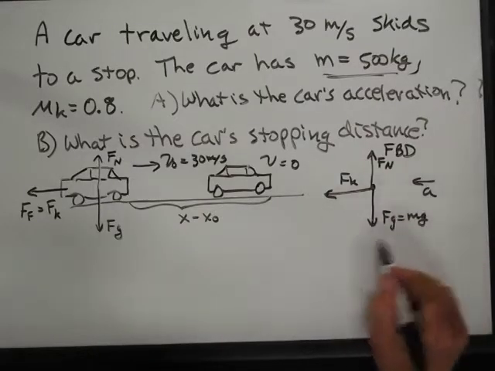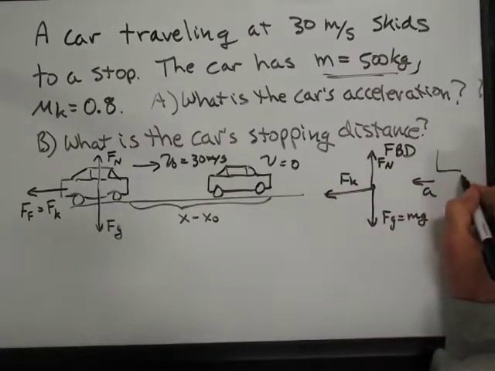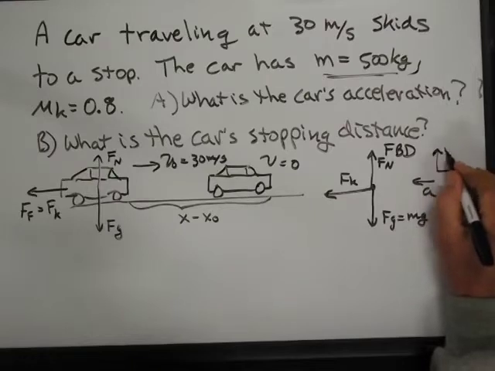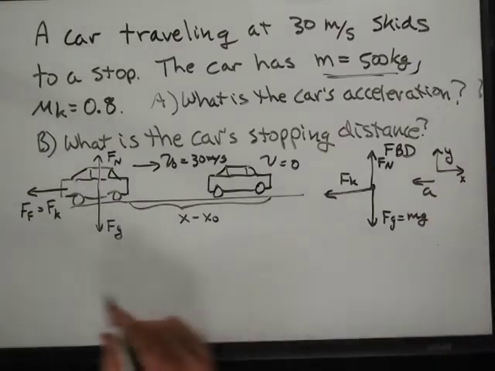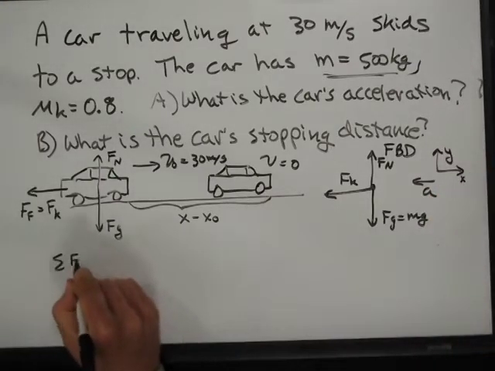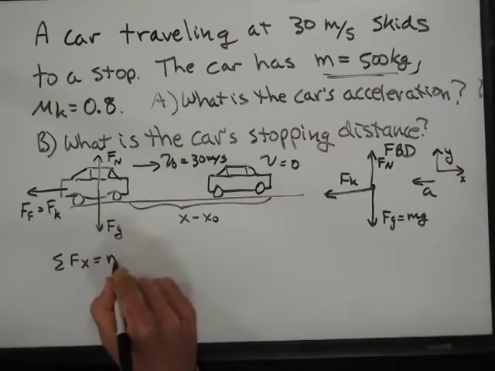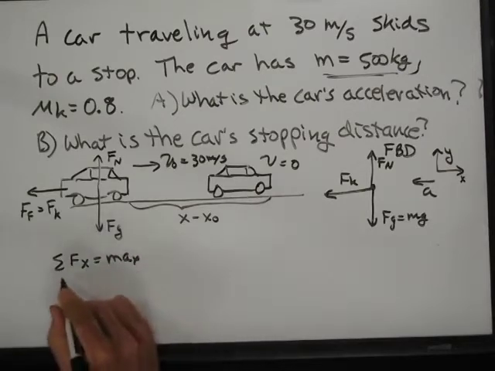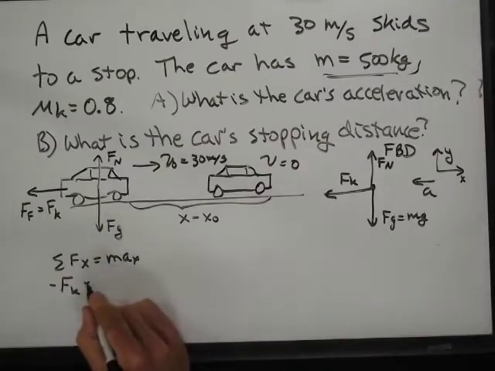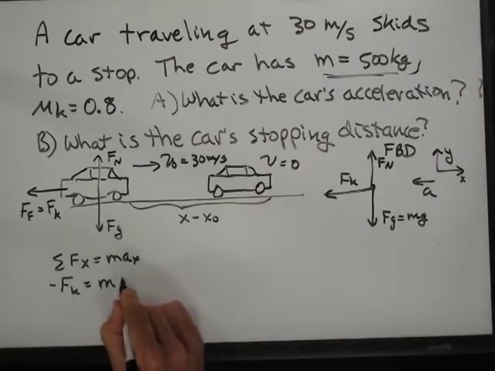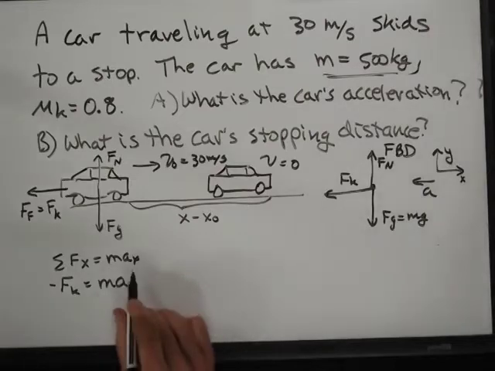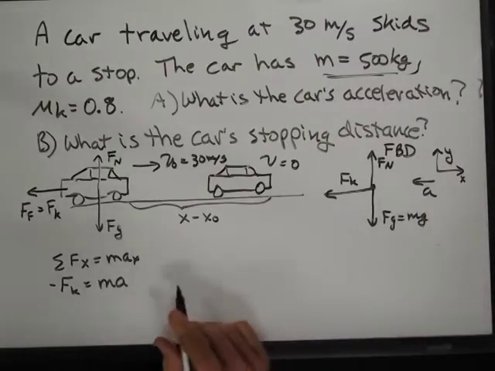So this is my free body diagram. I can draw a little coordinate system like this, x and y. And now I can say, look, the sum of the forces in the x direction equals ma sub x. And that says that the friction force, which is in the negative direction, equals ma. I don't have to put the x anymore there because I'm calling it a.